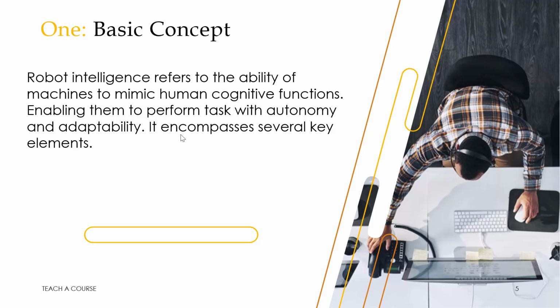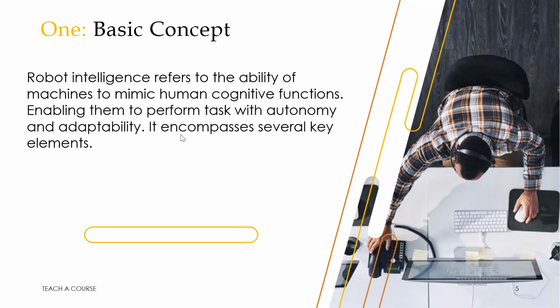In sensing and perception, robots can gather data from their environment using sensors like cameras, allowing them to perceive and understand their environment. The second key element is reasoning and decision making. Robots can process the collected data using algorithms to make informed decisions and choose the best course of action.